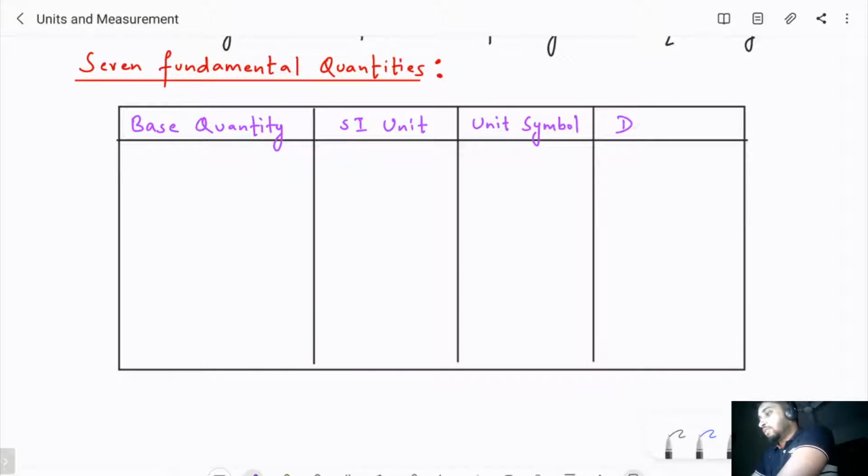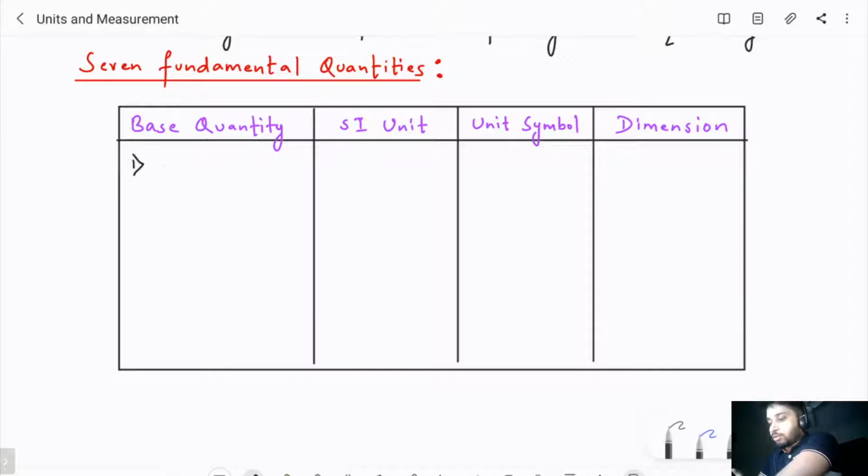Then we have dimension. So dimension is basically a unique representation that each of the fundamental quantities have been given. We have several applications of dimensional analysis that we'll be seeing later.